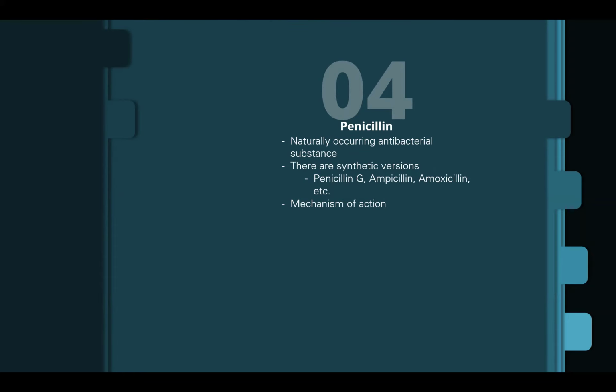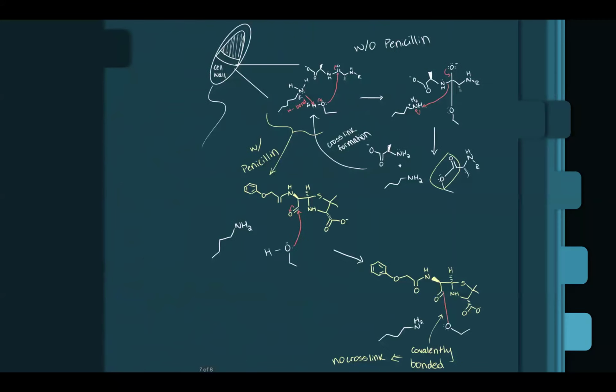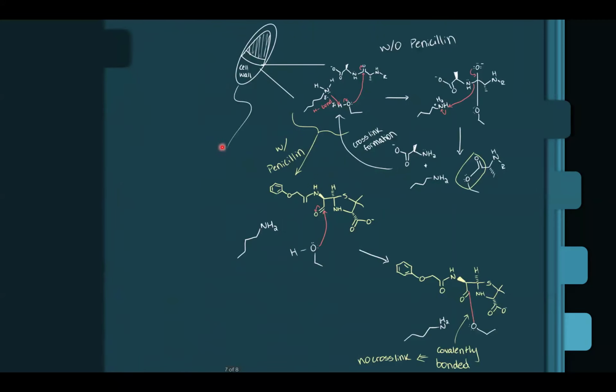To explain penicillin's mechanism of action, we need a little bit more background on the bacterial cell wall. So I drew a little bit of a diagram. I'll bring up my laser here. Up here, you can see a typical bacteria, and you can see the cell wall right here. Now, if we zoom into the cell wall, basically there is a lysine end right here and a serine. So you have an OH group, and then you have an NH2 group, and these are sharing this hydrogen via a hydrogen bond.